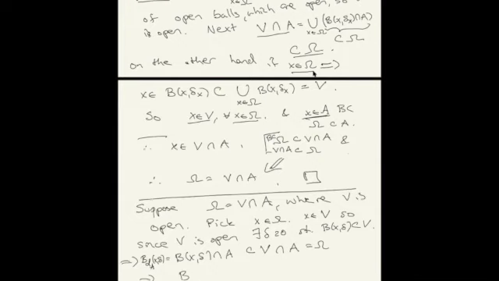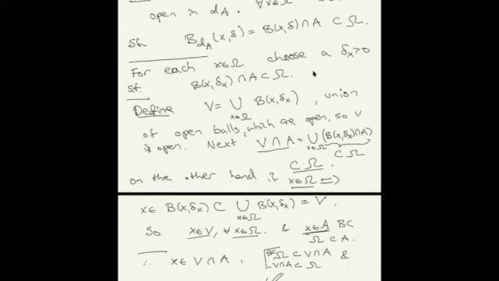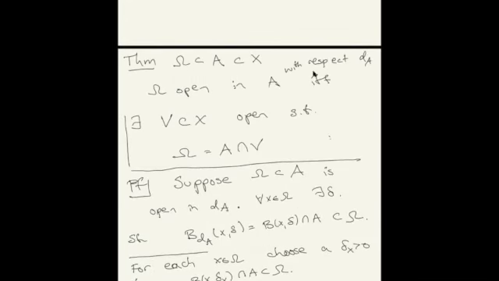So with that choice of delta, B_dA(x, delta) is contained in omega. Delta is positive, and this is done because we found a delta that works. So this is the proof that subsets of A that are open with respect to the relative topology are just intersections of open sets.